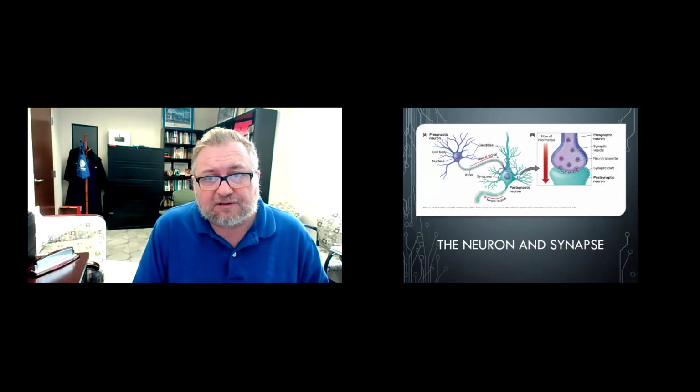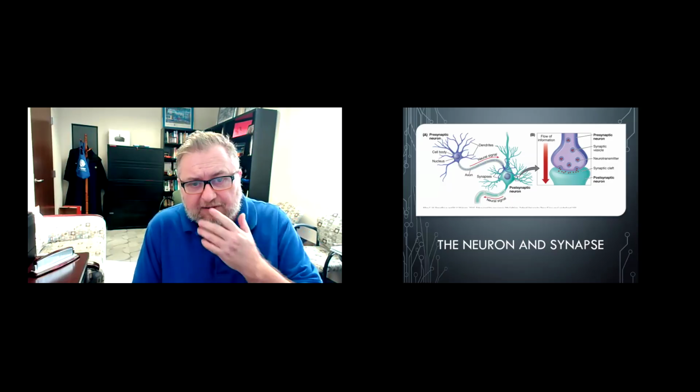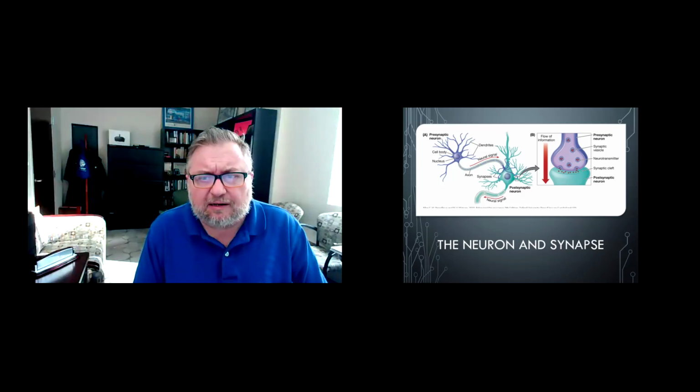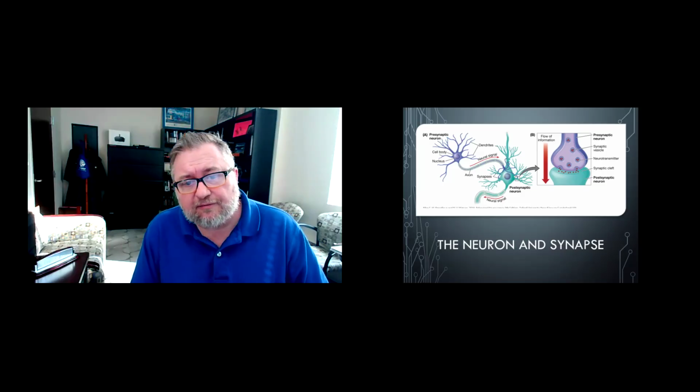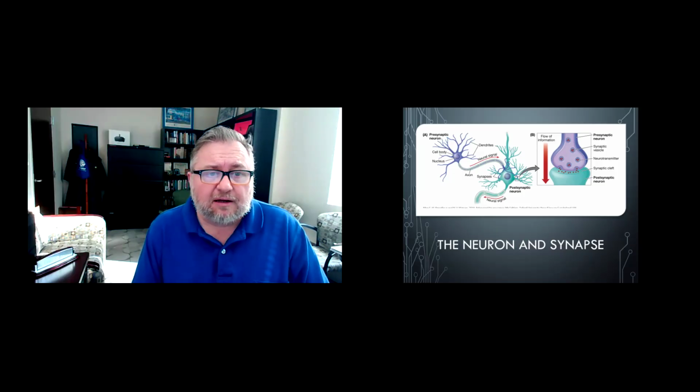But we also need to talk about neurons here. So here we have a fairly standard schematic diagram of a couple of neurons and a synapse. Again, you should remember the basics of your basic neuron anatomy. You have the cell body, and then you have all these branches called dendrites coming off of one part of the cell body.